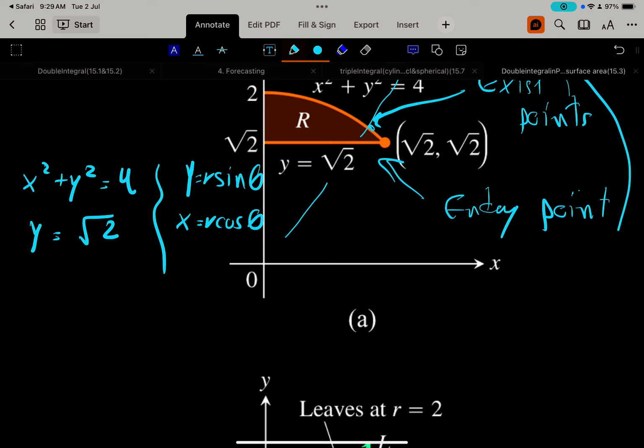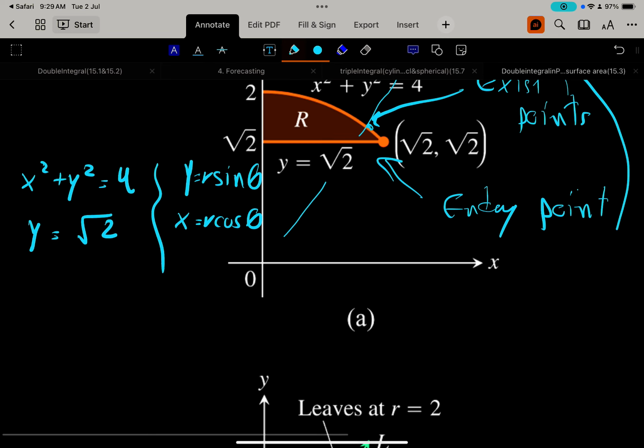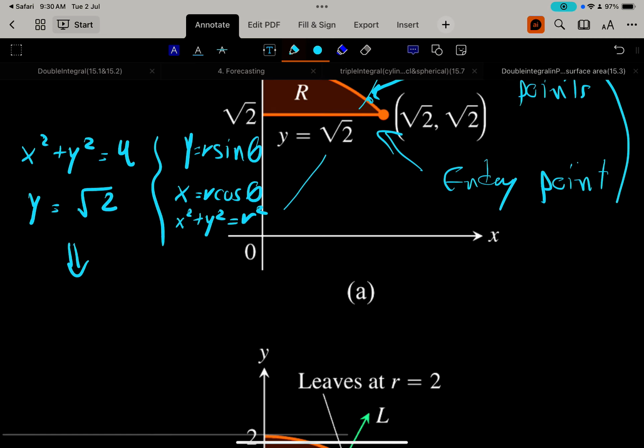We also have x squared plus y squared equals r squared, which is another conversion. So this can be converted to r squared equals 4, which is basically saying that r equals 2. We can have minus 2, but we'll use the positive value for our polar coordinates.